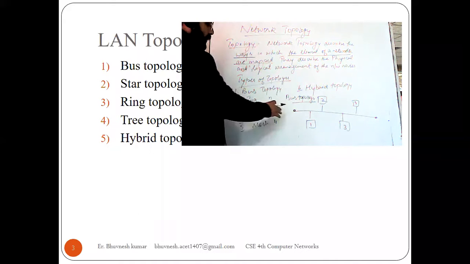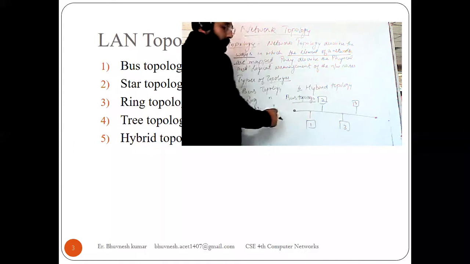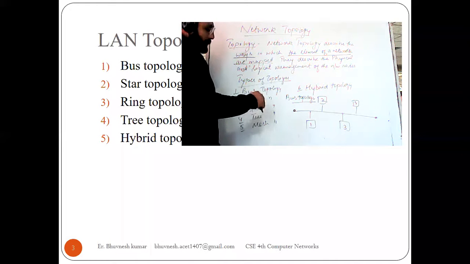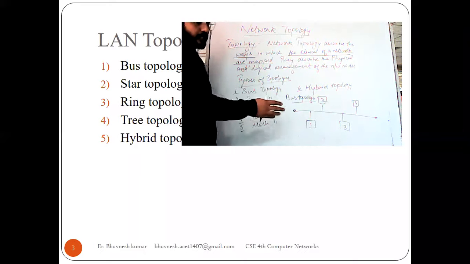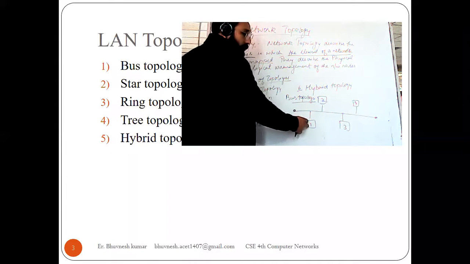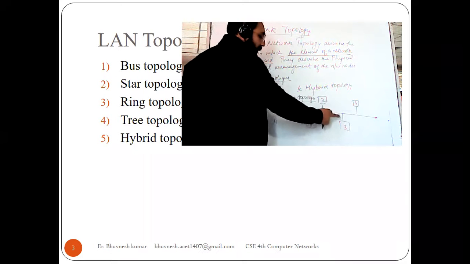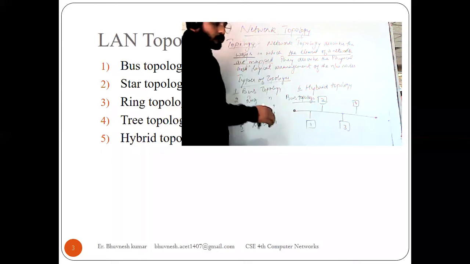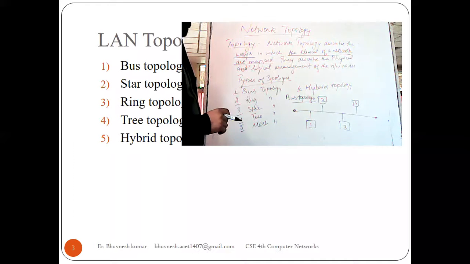I have arranged these PCs in this manner. In a bus, you will see there are left side seats and right side seats. The first PC is on the left side, another PC on the right side, and its structure looks like a bus topology.